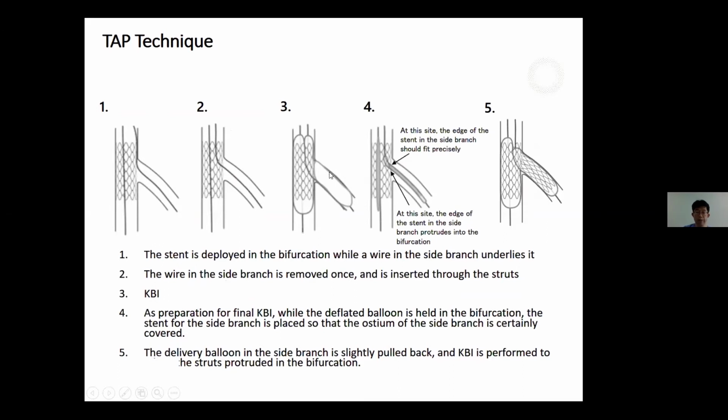As a preparation for final KBI, while the deflated balloon is held in the main branch, the stent for the side branch is placed so that the ostium of the side branch is certainly covered. The delivery balloon inside the branch is slightly pulled out, and the KBI is performed. Final KBI is performed to finish the bifurcation.